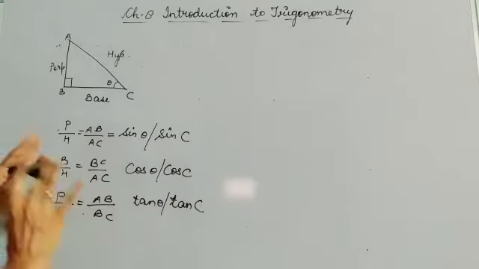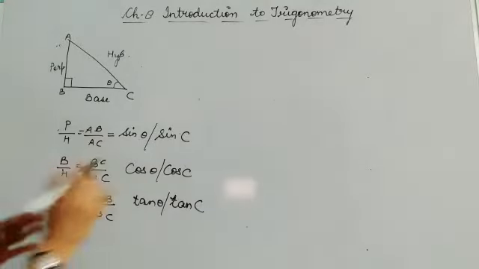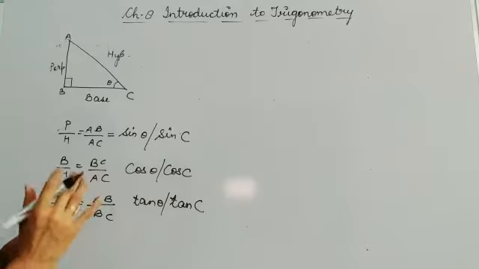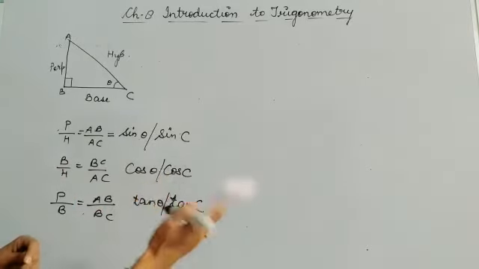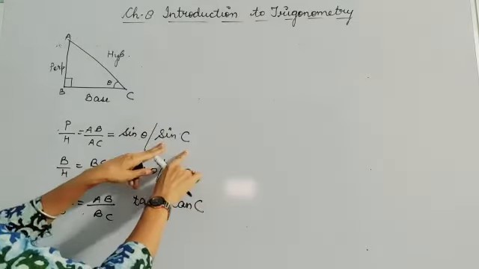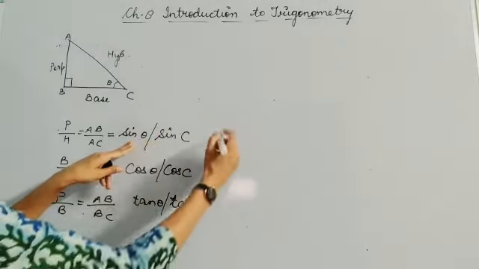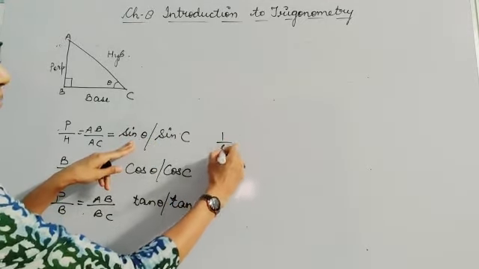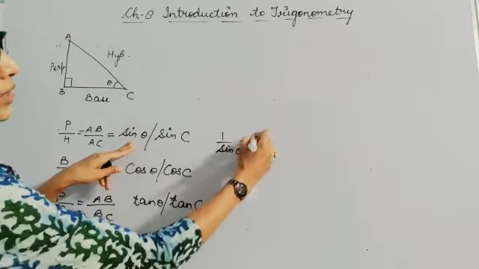Let's suppose I want to find the trigonometric ratios sec theta, cosec theta or cot theta. You know that the reciprocal of sine theta is cosec theta.